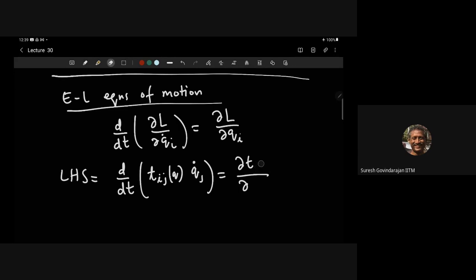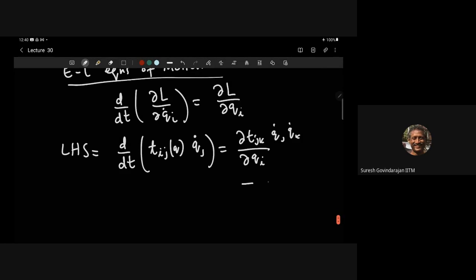Repeated indices are summed over now. Is this correct?